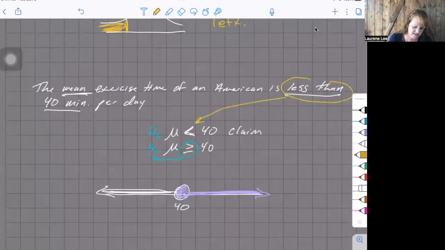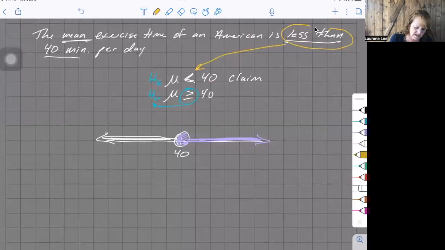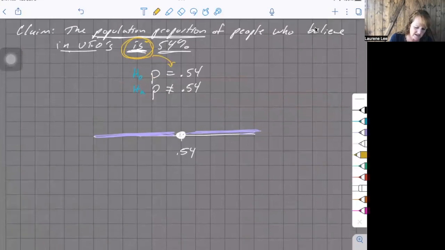And for this claim, because HA points to the left, this is also a left-tailed test. And because HA has a not equal sign, that means this is going to be a two-tailed test.